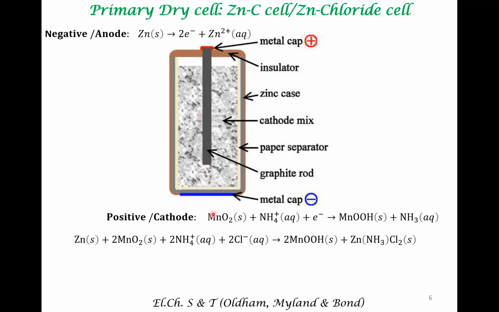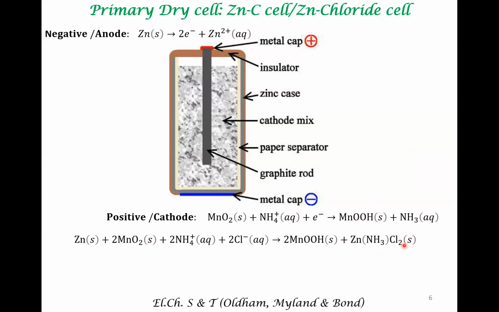When you talk about half cell reaction, you can explicitly see electron transfer. When you look at the full cell reaction, you don't see any electrons in the reaction. So zinc gets oxidized to zinc 2 plus. This zinc 2 plus is a coordination compound formed between zinc 2 plus, ammonia, and chloride.